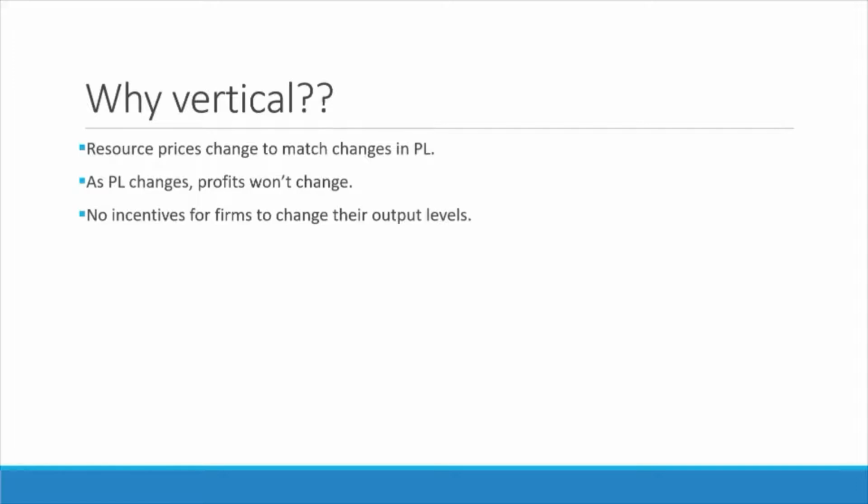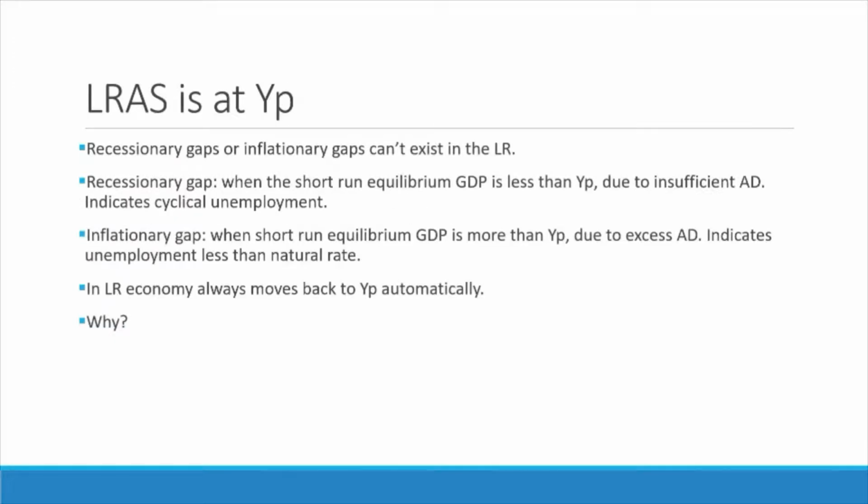So, one of the key points in the New Classical model is that the economy always returns to YP automatically in the long run. Recessionary gaps or inflationary gaps can only exist in the short run. A recessionary gap is when short-run equilibrium GDP is less than YP due to insufficient aggregate demand.